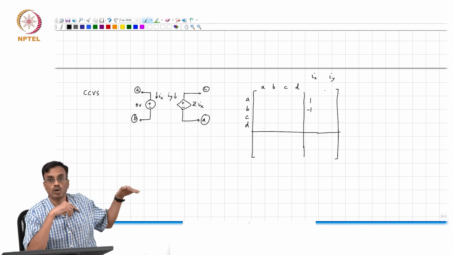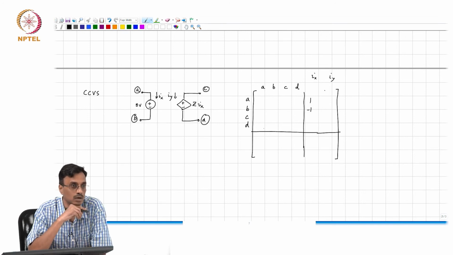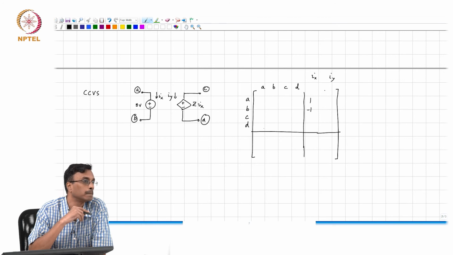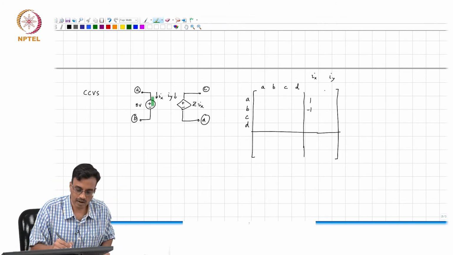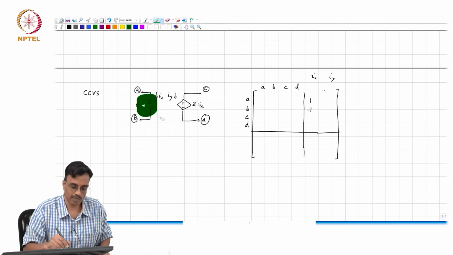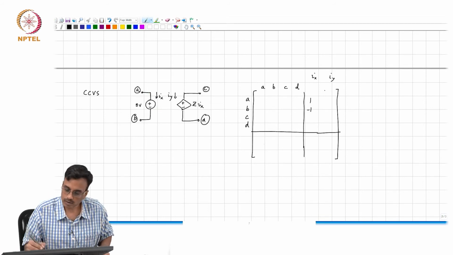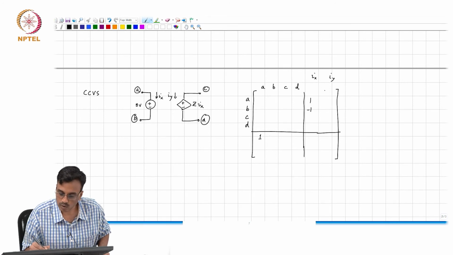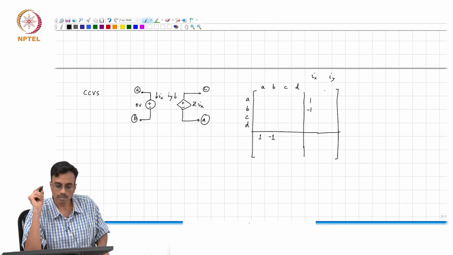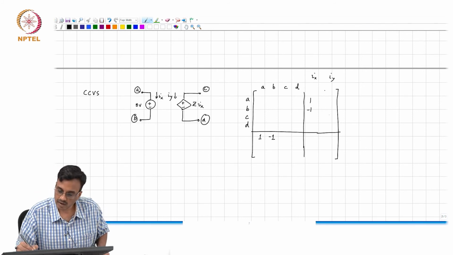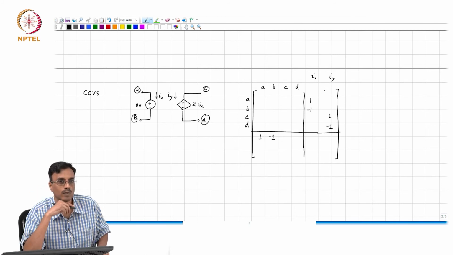It will quantify what is happening with that 1 and minus 1. So, VA must be equal to VB, and we are done with one row and one column. In the last column, what do we see? There must be 1 and minus 1, and what must you see in the last row?